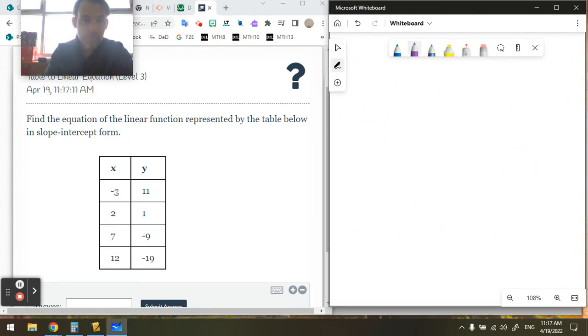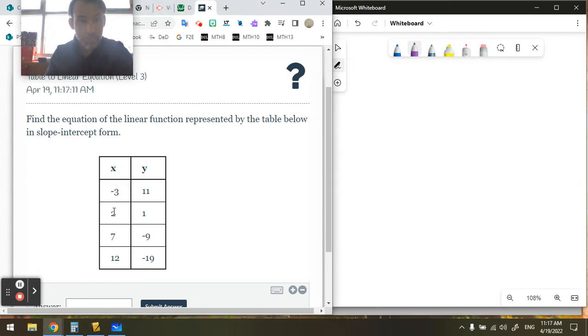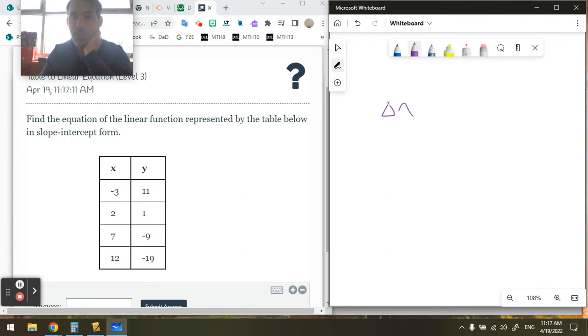Okay, here I see x is growing by 5. It went from minus 3 and it grew to 2. So that's a growth of 5. What I can do is say change in x is equal to x2 minus x1, and change in y is equal to y2 minus y1. And this will show me the change.